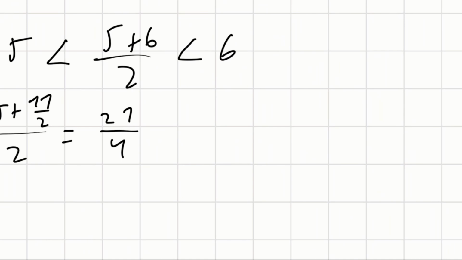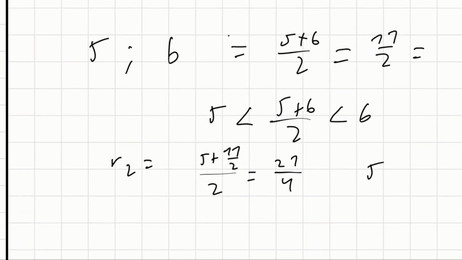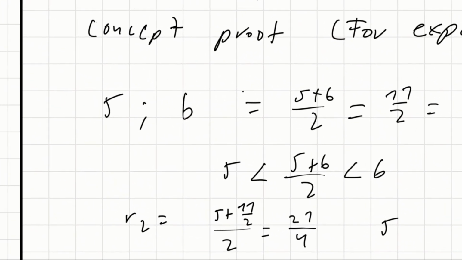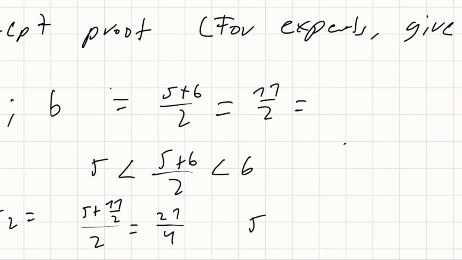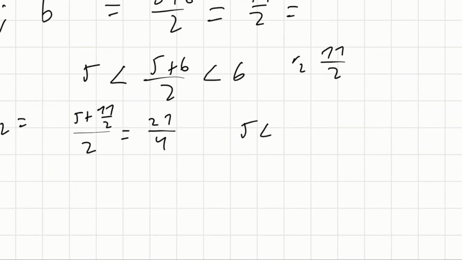If you plug it into the calculator, this is 5.25. Let's call this a1. Since this is 5.25, it is bigger than 5, a1, and smaller than 6.